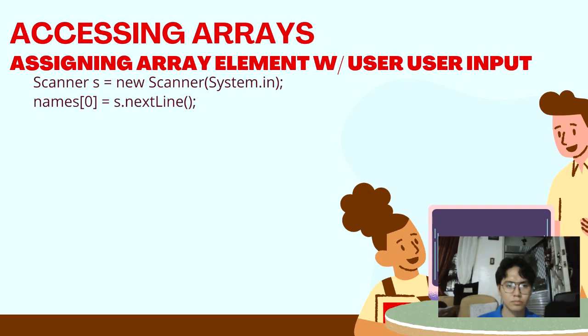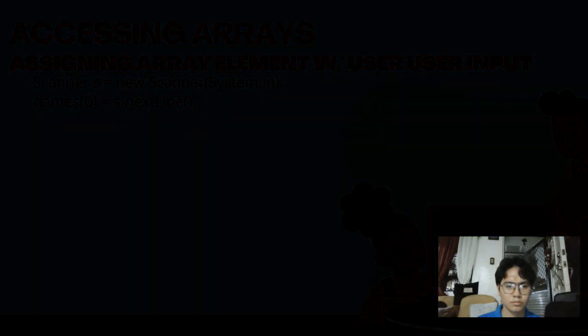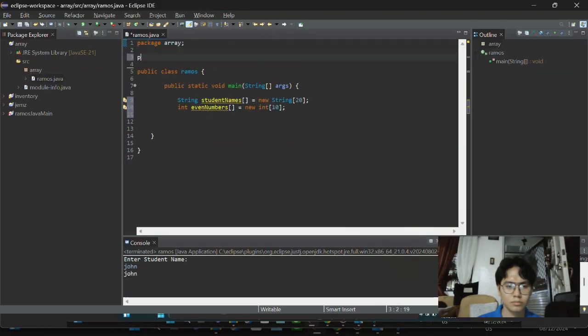So afterwards, our next topic will be accessing arrays. So assigning an array element with user input will be like this. Scanner s is equal to new Scanner, open close parenthesis, System.in. So we will be going to assign the array element with user input.